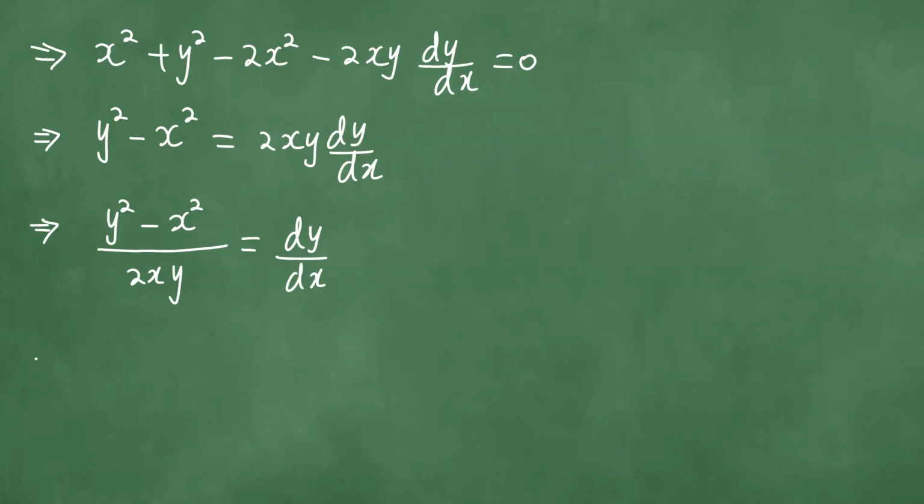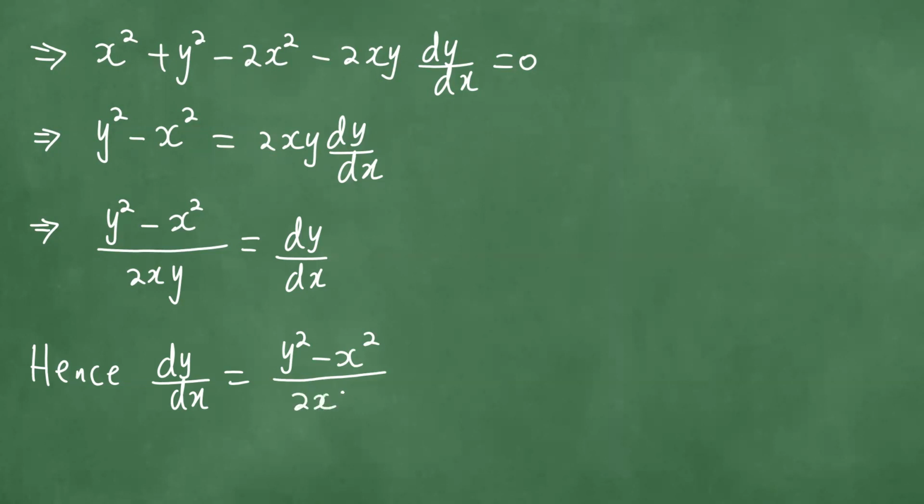Hence, we're able to say that dy/dx is exactly y squared minus x squared divided by twice xy. This is the end of the solution, and this is the result using implicit differentiation.